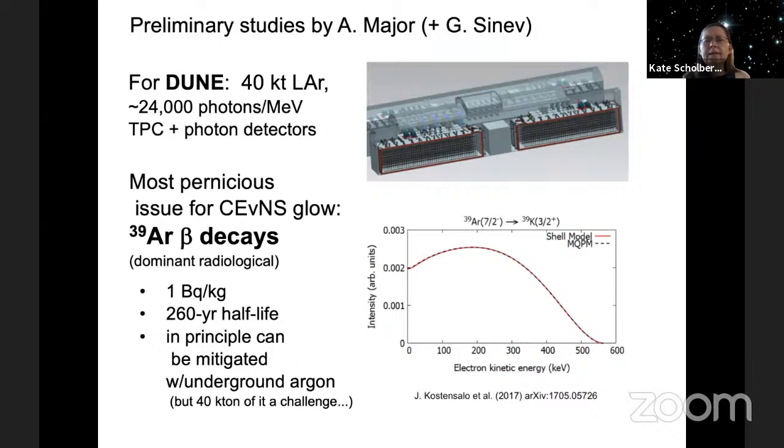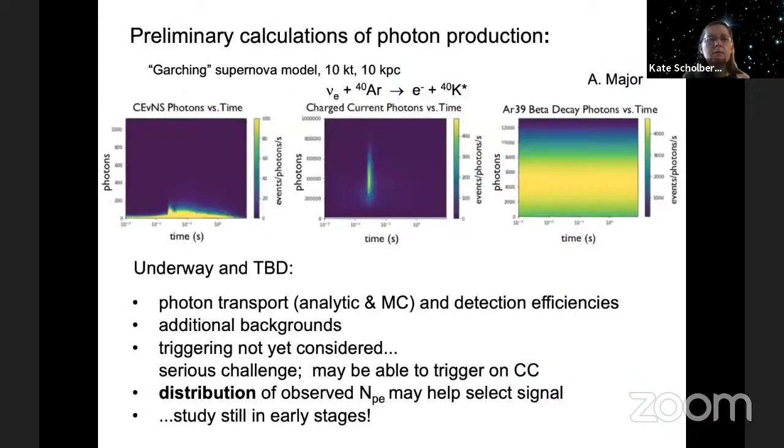And one isotope that's in there is argon-39, which is a famous nasty isotope that produces about half an MeV-ish beta decays. And so that is happening all the time. It's about 1 per liter per second. And so in a detector like DUNE, there's lots and lots of these decays happening. And the half-life is long enough that you can't just wait for it to decay. It's going to be there for a very long time. And so you're fighting that.